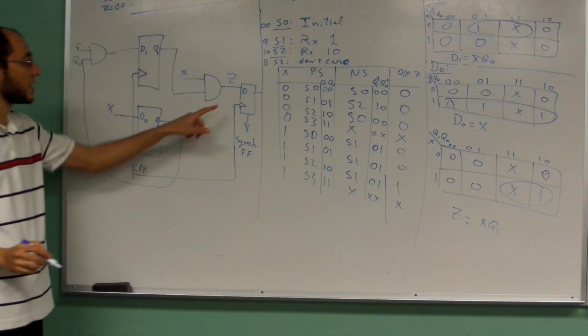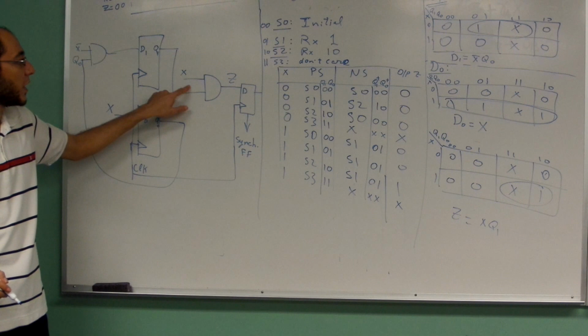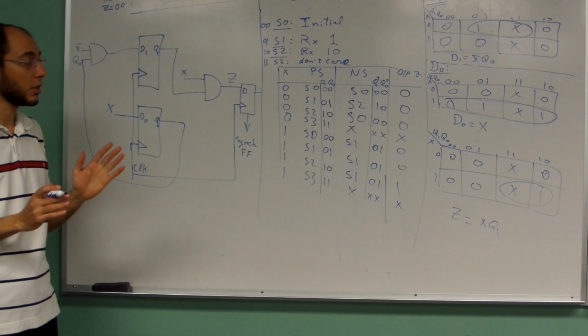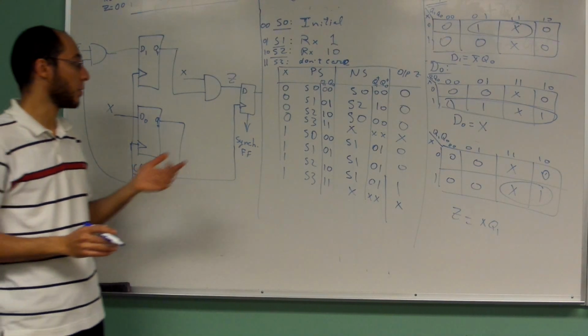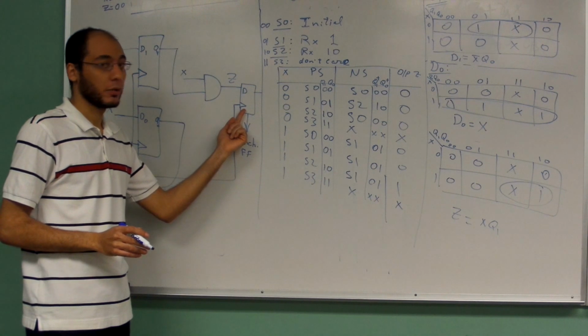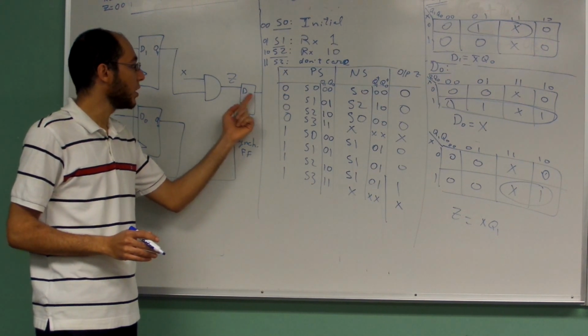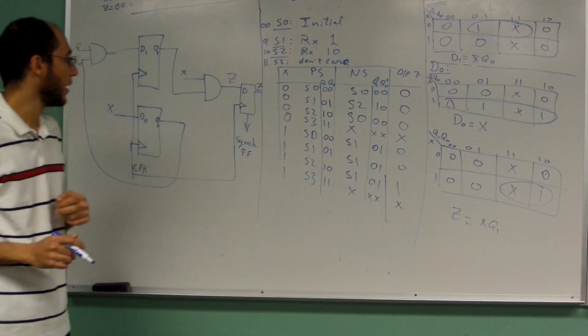Because as you can see, this output Z is a function of the input. So if the input changes within the clock cycle, you expect that the output is going to change, which is highly undesirable. And that's why you want to synchronize the output with the clock. So you pass the output Z with the clock, and this becomes your real final output.